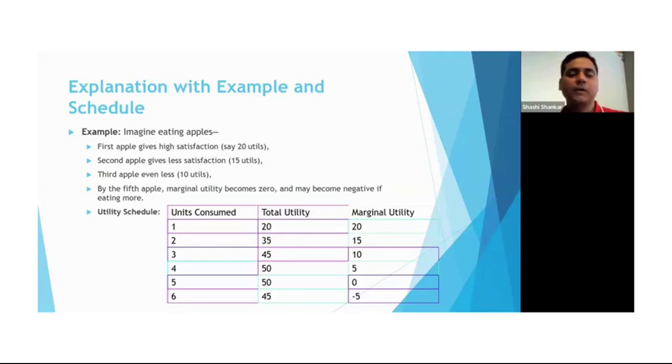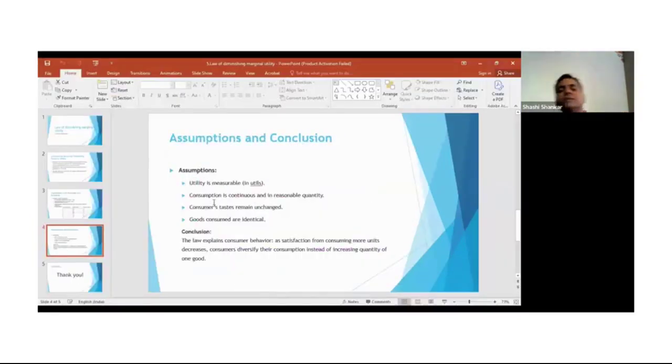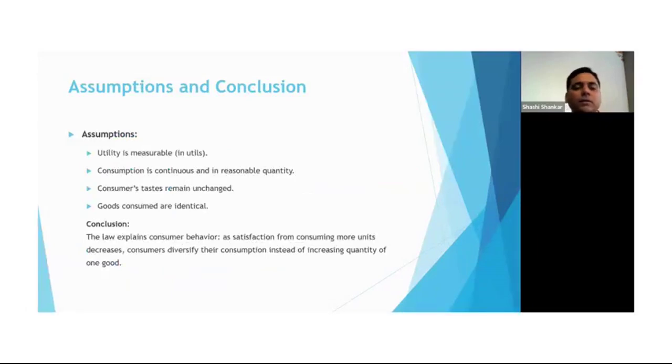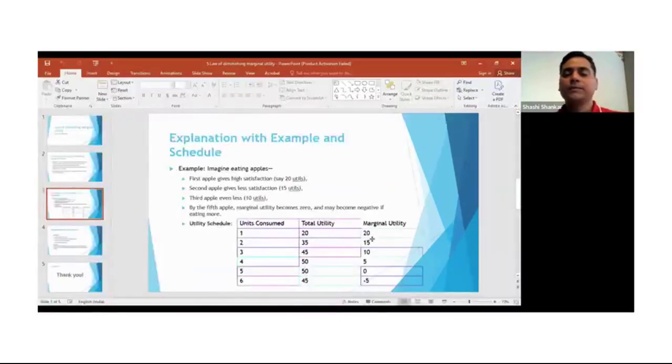Moving to the next one, that is the assumptions and conclusion, because the law of diminishing marginal utility also has some assumptions. Otherwise, the law will not be satisfied. So the assumptions: utility is measurable. If it is not measurable, how can anyone say that after eating one apple there is 20 utility, or maybe 30 utility?